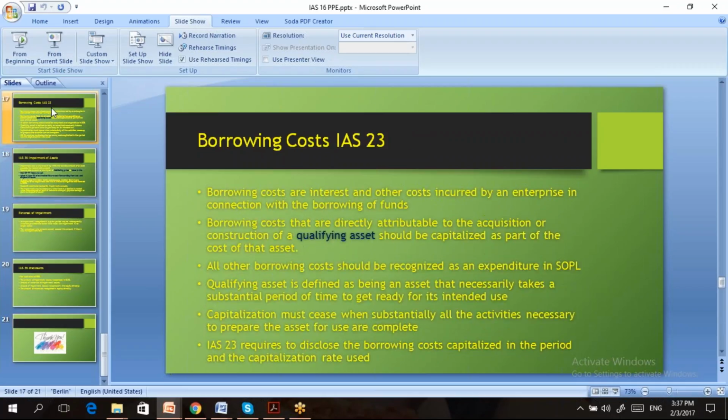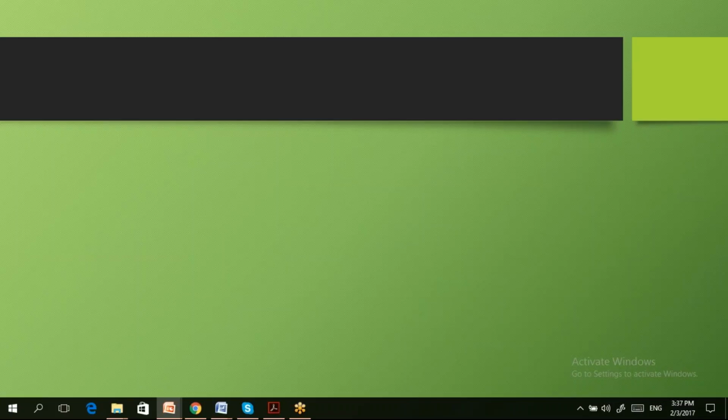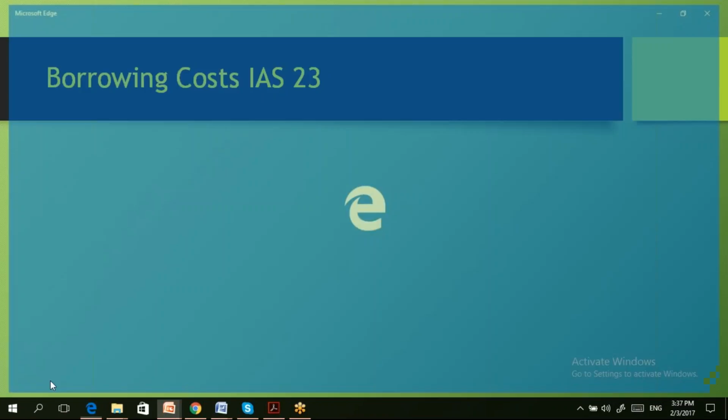You don't need to charge it to finance charges. That is what we learned yesterday.